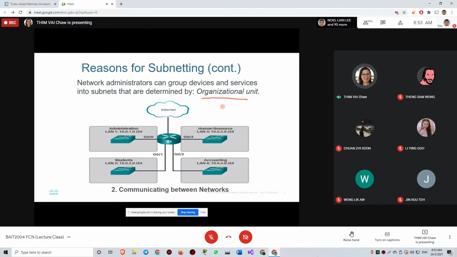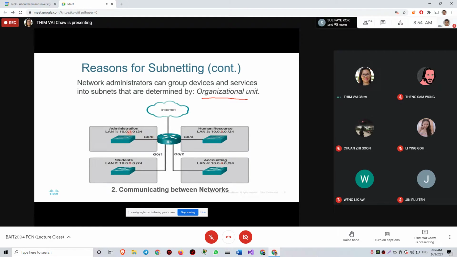Under it, in block A you have a counter, then at the back there is another student affair department regarding sport, and then a department referring to counseling, providing a counseling service. All that belongs to the student affair department. Therefore, you can do subnetting according to the organization unit.